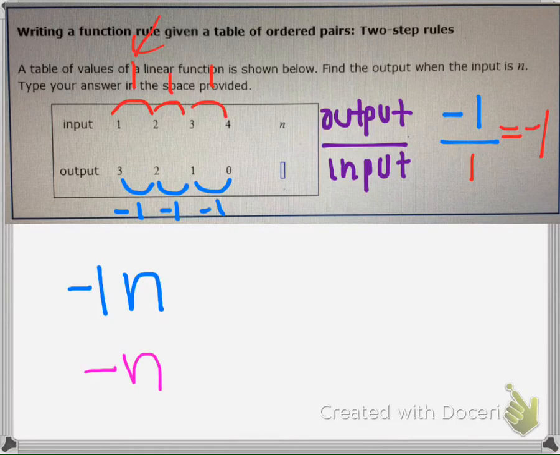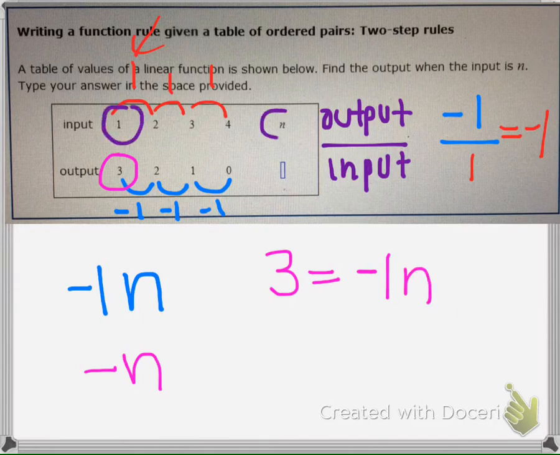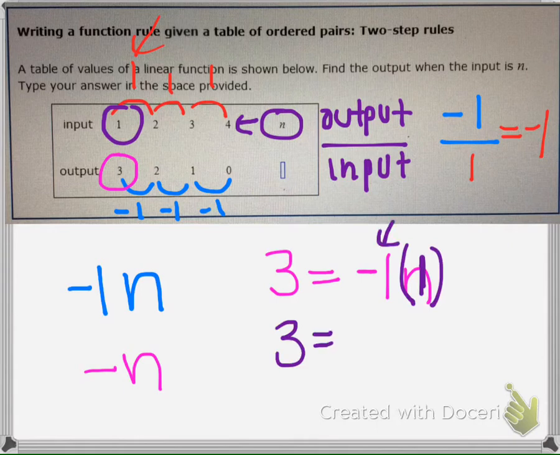Then I'm going to think about this 3. If my output is 3, and I need to multiply n by negative 1, and I plug in, this is n, because it says the top row is n. If I plug in 1 right here, I would have negative 1 times 1 is negative 1, which isn't 3.